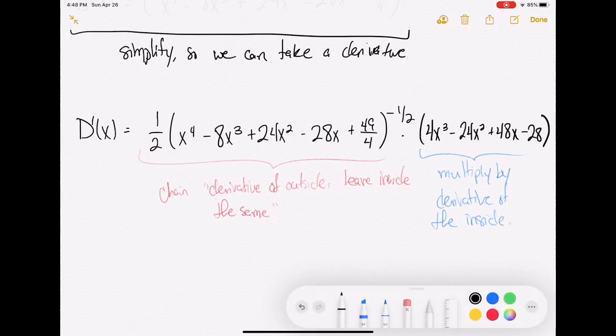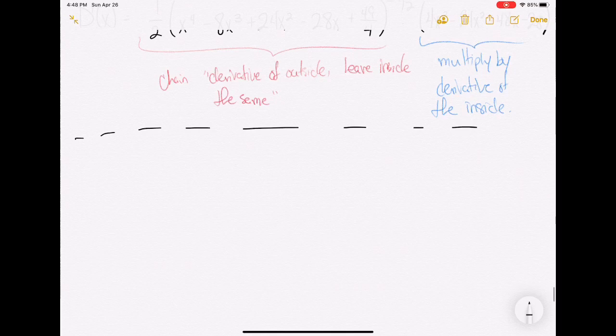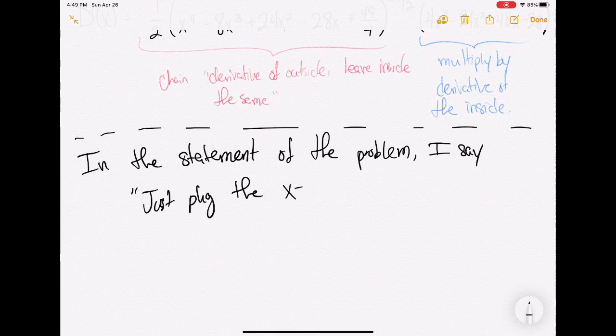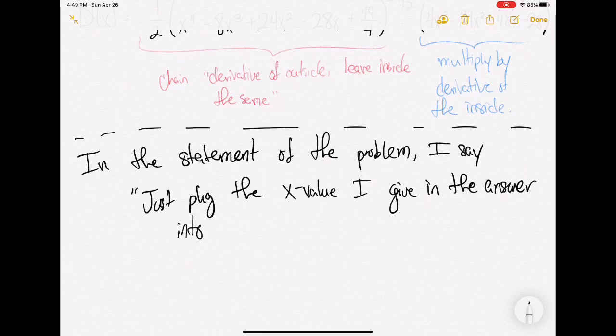And then in the statement of the problem, I'm going to write this down here. In the statement of the problem, I say just plug the x value I give in the answer into the derivative and show it 0.